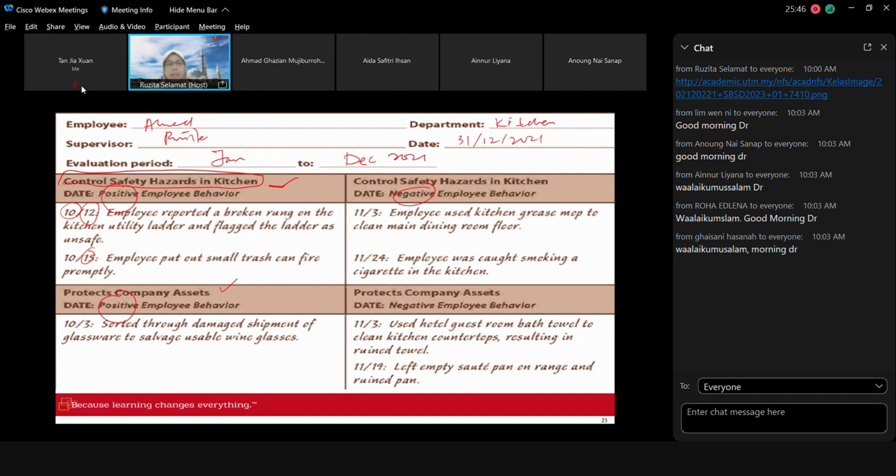So in this example, there was damage in the shipment of glassware, so they sort of recycled the glasses, maybe to be used as wine glasses and so on, right? So not only do they help the company to save money, it protects the company assets, right? So that's the positive example of employee behavior which is critical on the running of the hotel kitchen, for example, right?